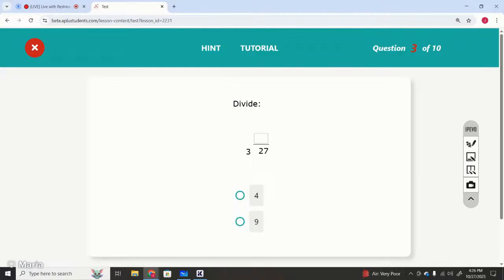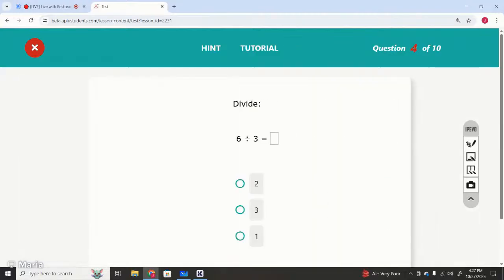27 divided by 3. That is 3 times 9 is 27.